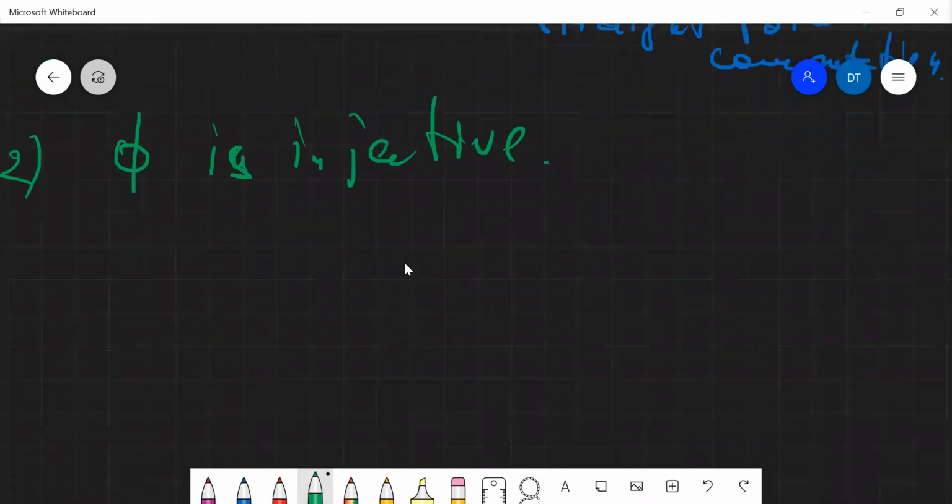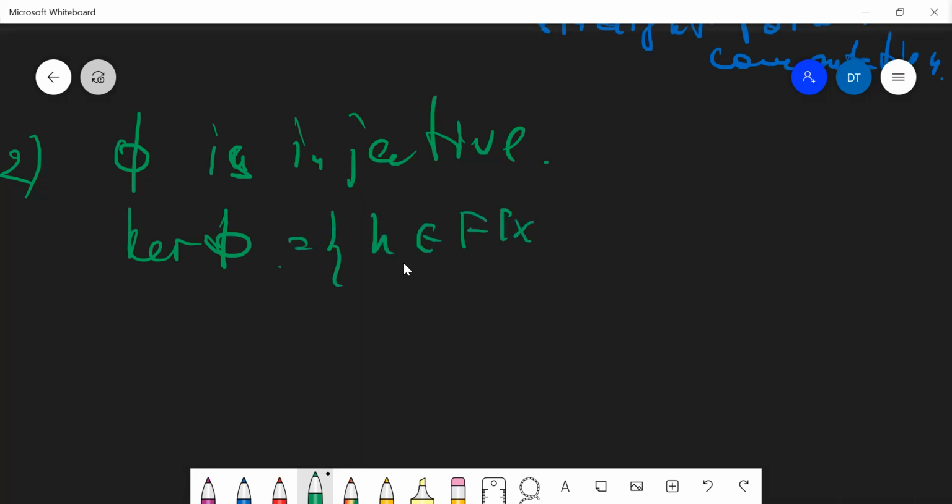In order to show that phi is injective, we need to show that the kernel of phi is 0. Since we already know that phi is a homomorphism, it's sufficient to compute the kernel of phi. But what is the kernel of phi? The set of polynomials h such that phi of h is 0.